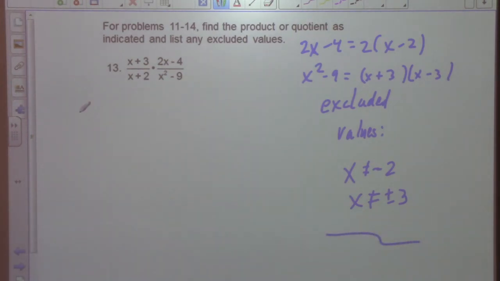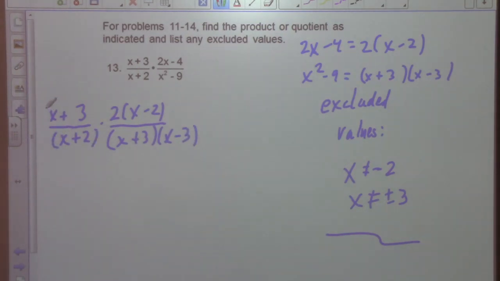And so now if we write this out, I'll get it right somehow. We get x plus 3 over x plus 2 times 2, x minus 2 over x plus 3, x minus 3. What do we do with that?